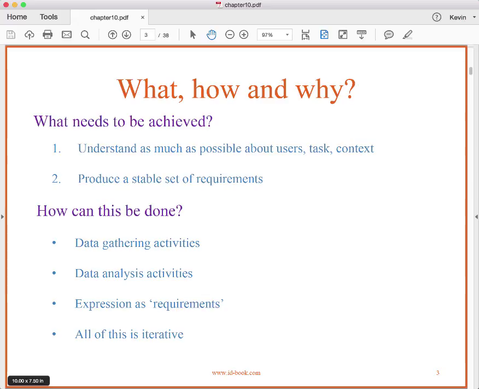an information system or other interactive device, one has to understand what the requirements are. And how does one find out what the requirements are? Well, on a whole other level, we have to gather data and we have to analyze it.